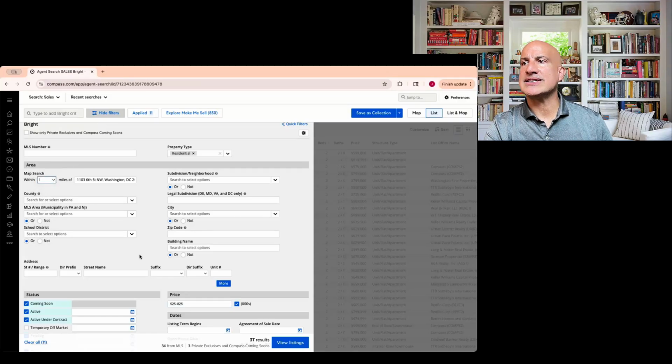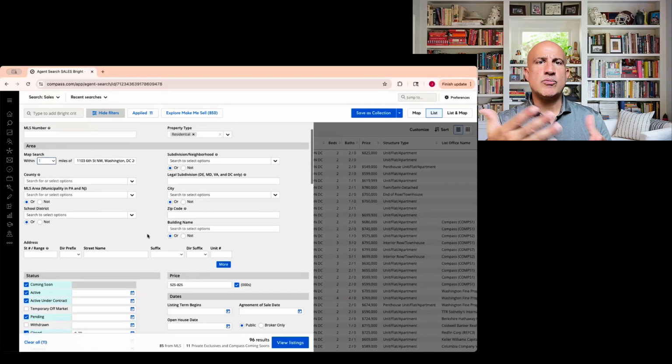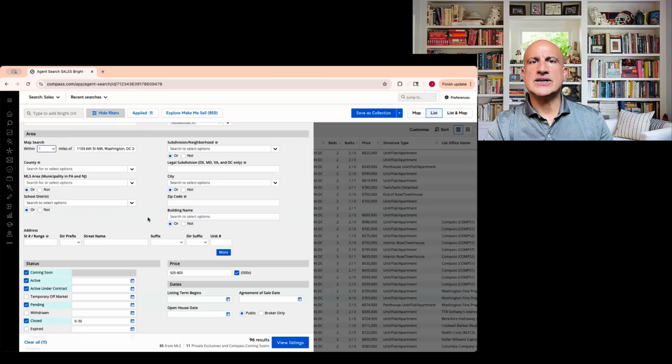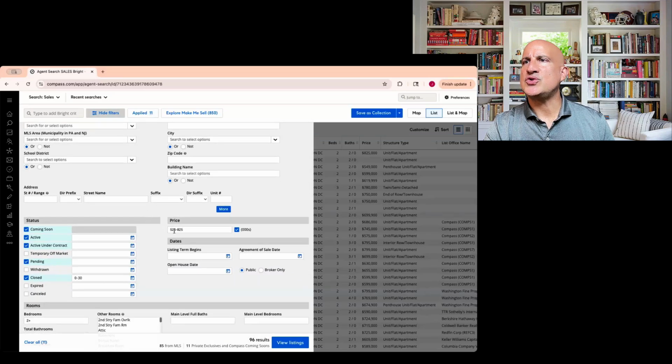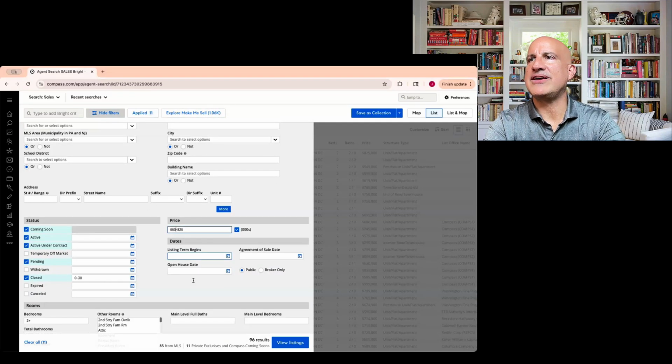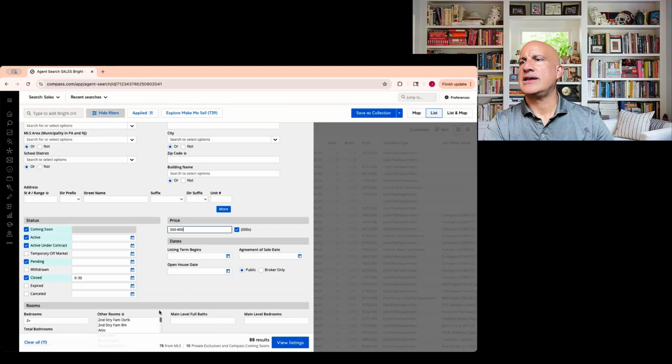From a curiosity perspective, if we go a mile out, we go up to 96. For this analysis we might want to do that just to get a sense, because people are looking broadly. This is a fairly center city location. Let's do that, and maybe tighten up the range a little to 550 to 800.